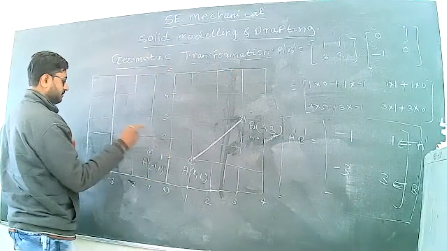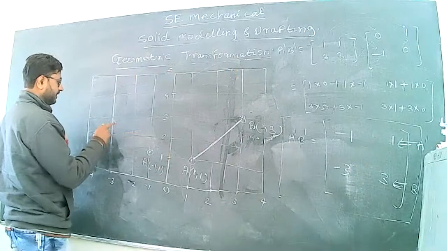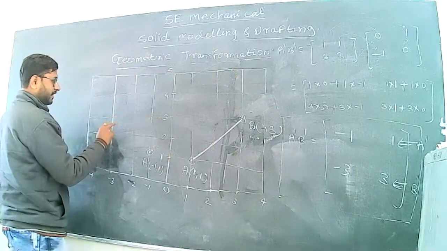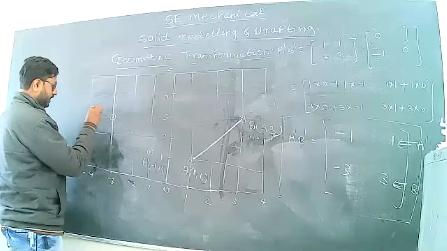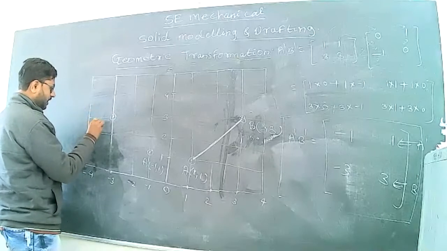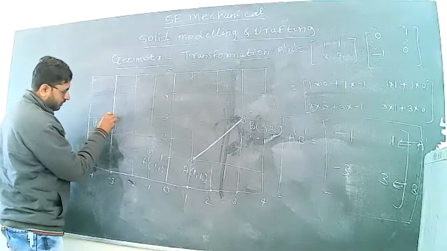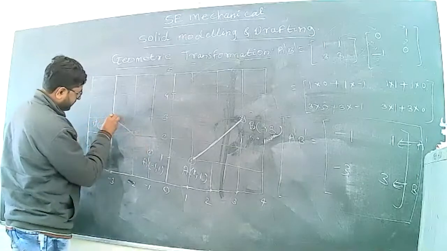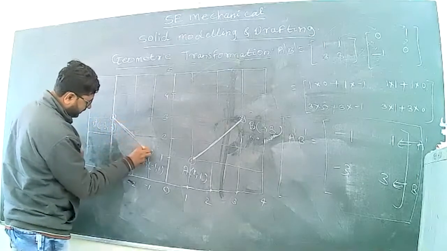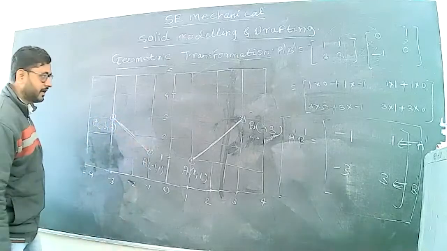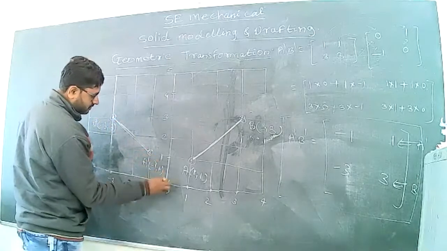For B dash, x is minus 3 and y is 3. We locate B dash at minus 3, 3 and join these 2 points, A dash and B dash.